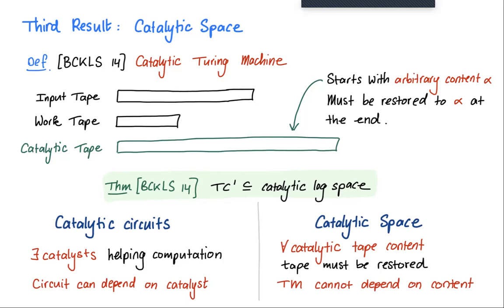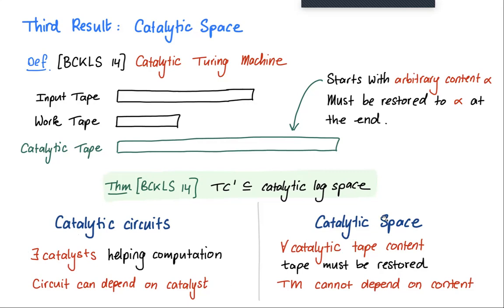Now we have seen the word catalytic twice already in two ways. First I talked about catalytic circuits, and now I'm talking about catalytic space. So maybe let's take a second to compare them. So there are different notions. In the first, we say that there exists a catalyst that helps computation. That's what a catalytic circuit does, and the circuit can depend on the catalyst.